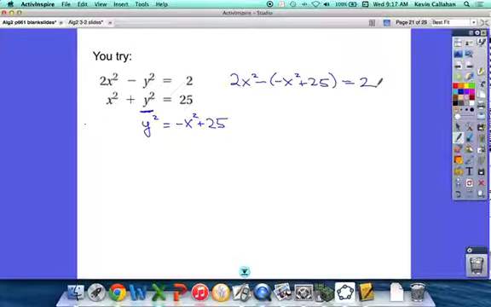Right, that's what it would look like. Now you got to solve for the x squared.